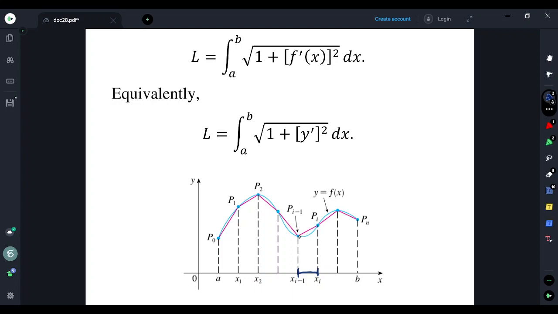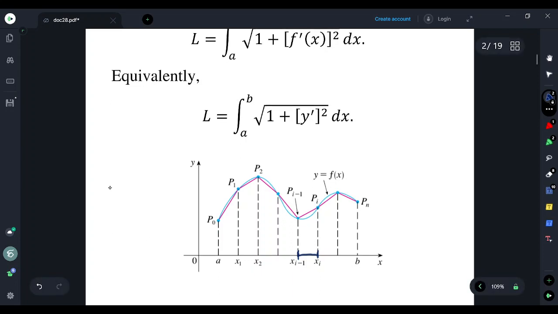So we are going to approximate the length of the blue curve by the length of the straight line segment.